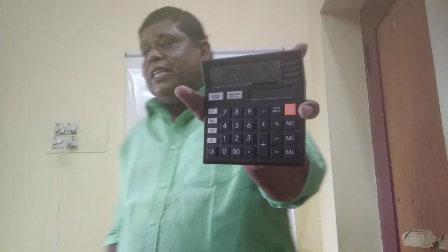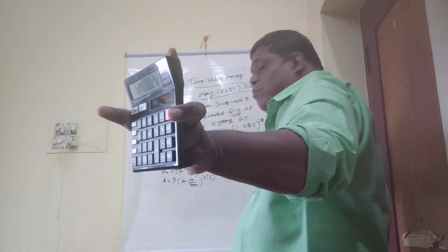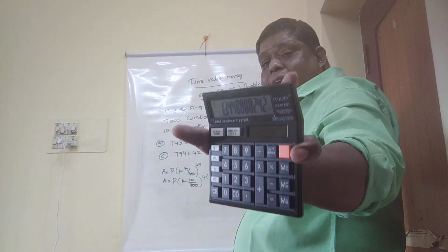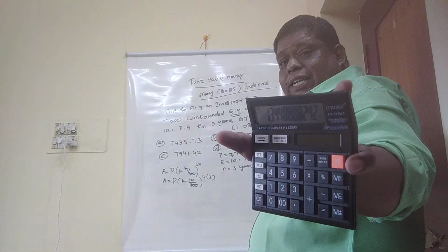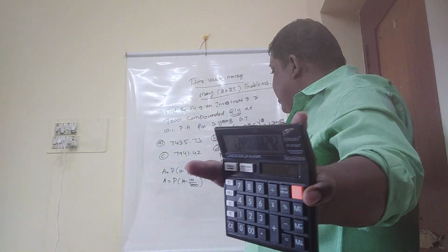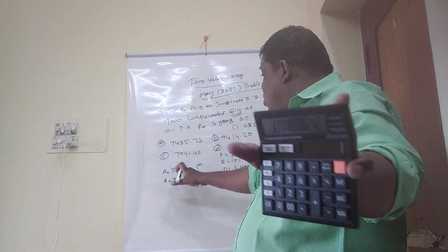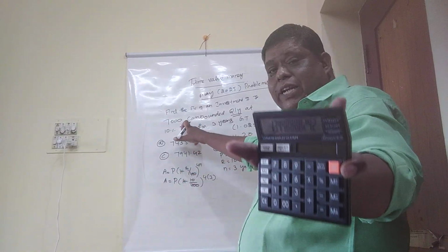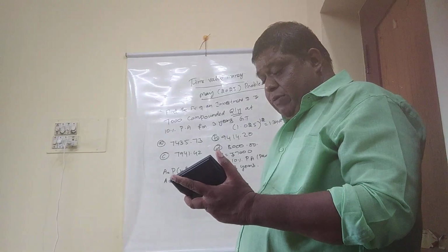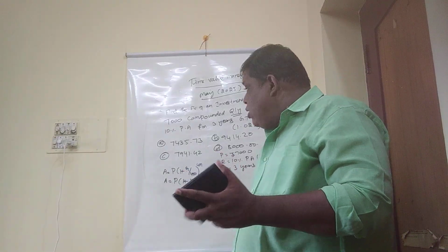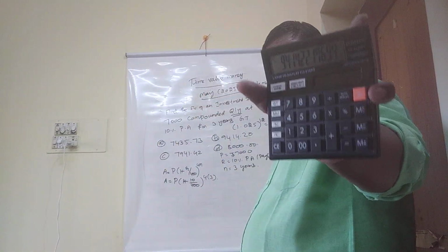That is the given value, 1.34489, given in the question. Into the principal value, which is 7,000. Okay, into 7,000.